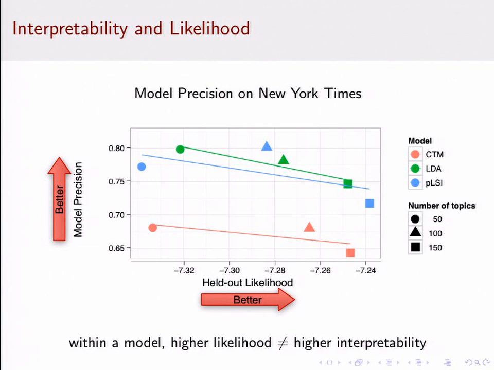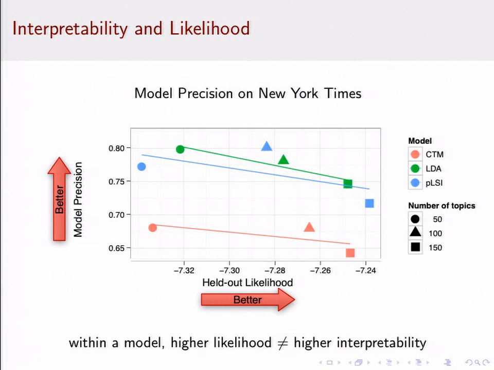But as you do that, the model precision seems to be going down. And so for these 2, the negative slope is significant at a 0.1 level and 0.05 level, and here at a 0.01 level and a 0.05 level.